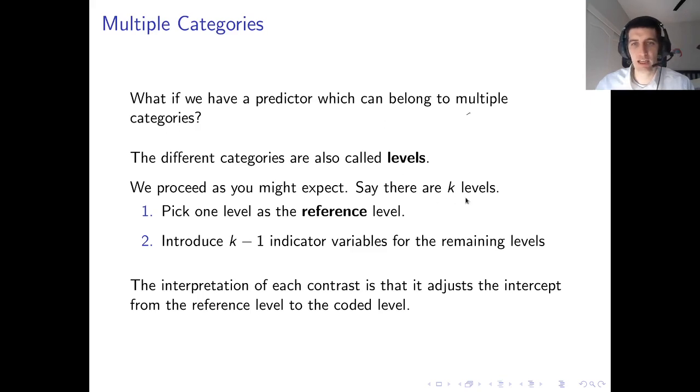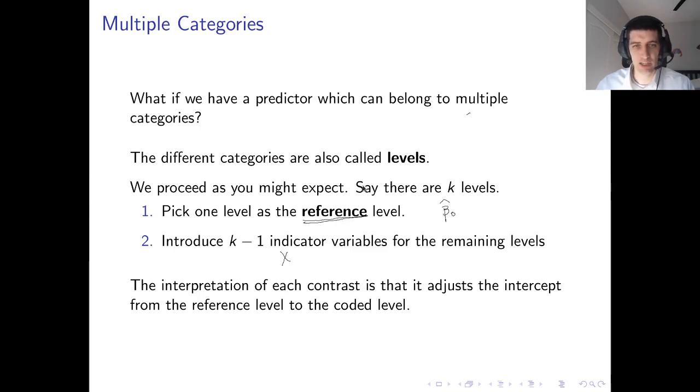If we have k levels, that is k different categories, you pick one level as the reference level. That is the prediction which corresponds to beta naught hat, and then you introduce k minus 1 indicator variables for the other levels. These are just different x's for the different remaining levels.